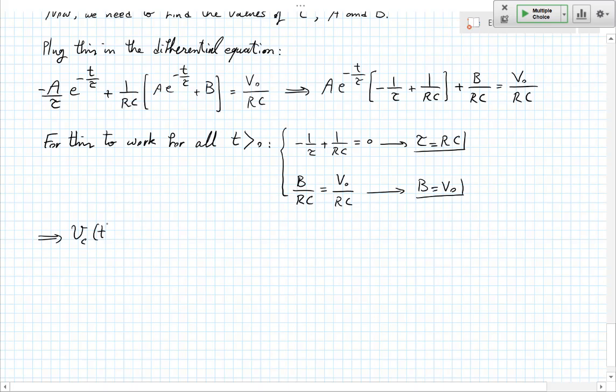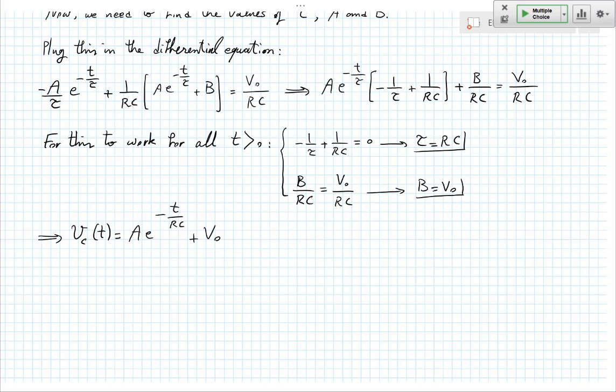Vc of t equals A e to the minus t over RC plus V naught. So I'm getting the answer in parametric dependence on R, C, and V naught. Trouble is, I still have one constant, A, that I have not found yet.